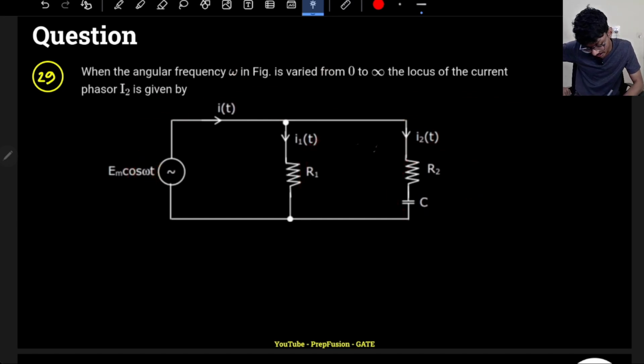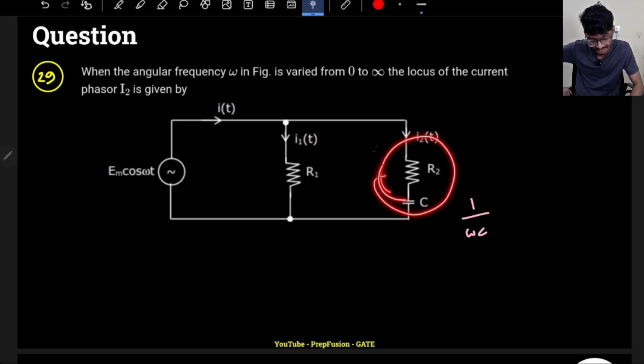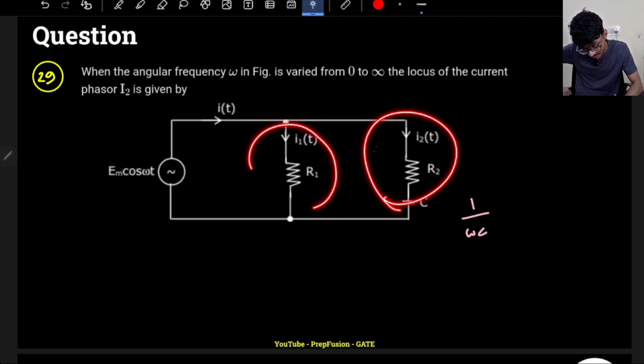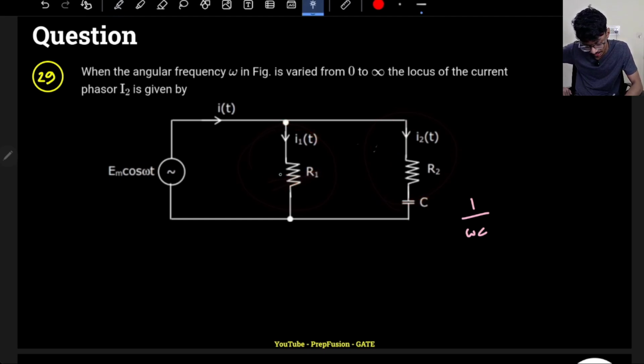If omega is 0, this will provide capacitive behavior, because this will be 1 by omega C. This is a series circuit, so 1 by omega C will dominate. Overall this will be capacitive only, and this is resistive only, and I have a parallel RC circuit. So overall the behavior of the circuit will be capacitive.